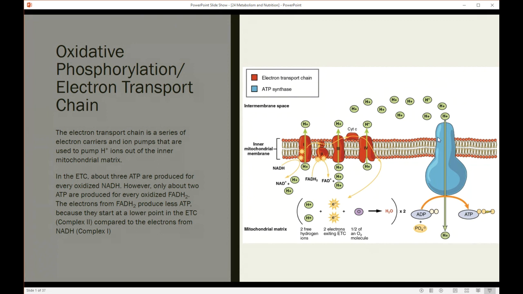This is an area of low concentration. When we shoot the hydrogen ions through, they can then do what's called ATP synthesis, right? So we can take the ADP here, adenosine diphosphate. You can't see my mouse, there it is. And we can convert it to ATP, adenosine triphosphate. And remember, the energy is in that bond, okay?